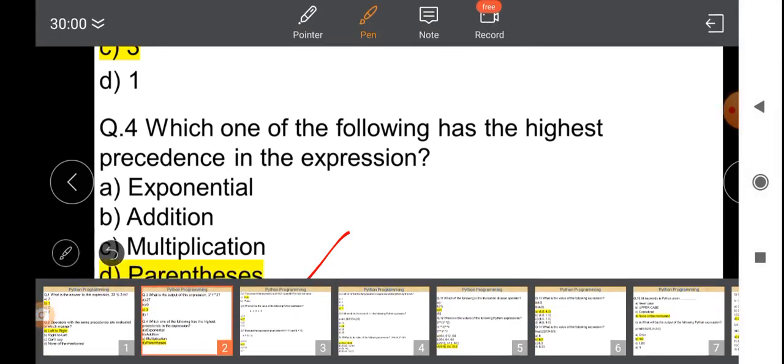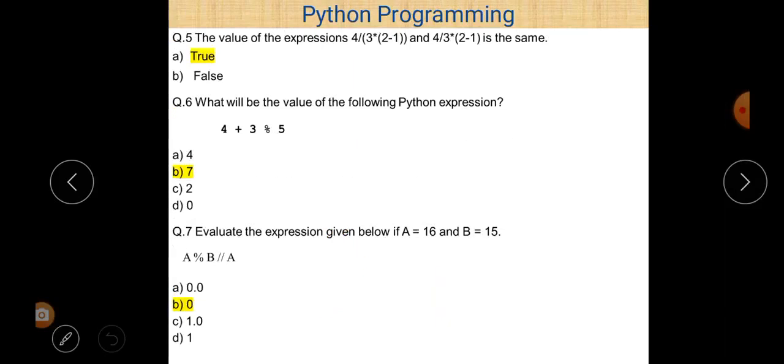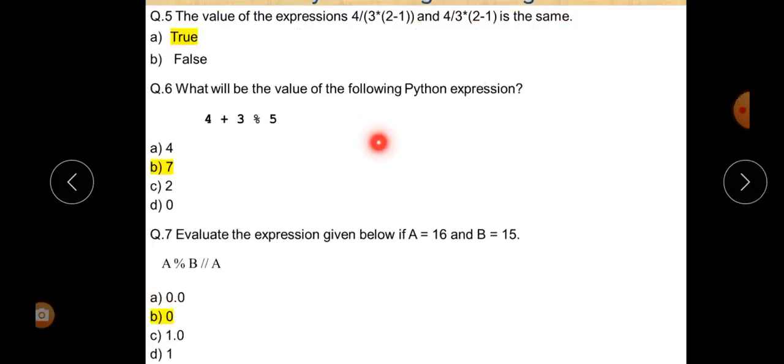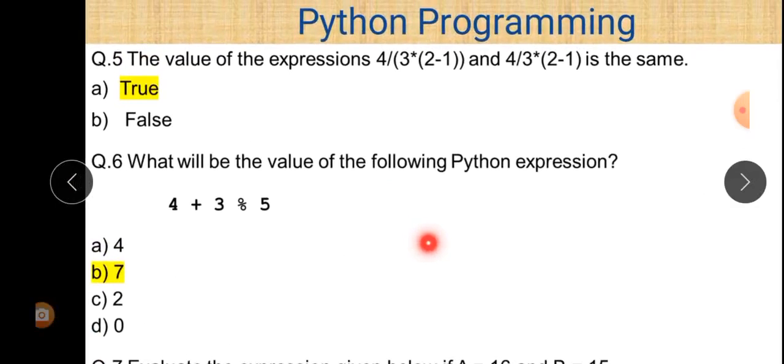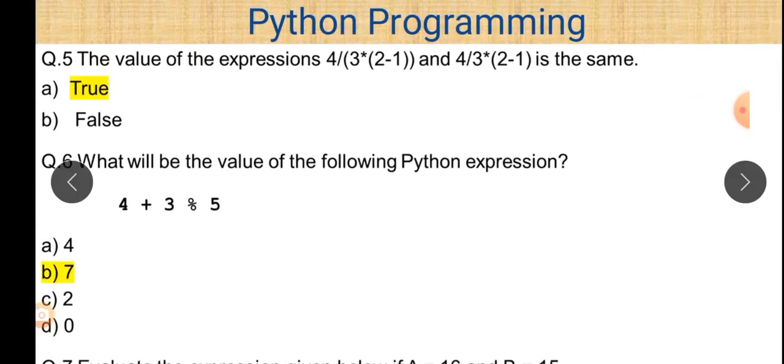Okay, let us take another question, question number 5. Now I think it is clear to all of you. The value of the expression (4/(3*(2-1)))and (4/3)*(2-1). According to the rule, first of all, parentheses should be evaluated, which we discussed in our last question.